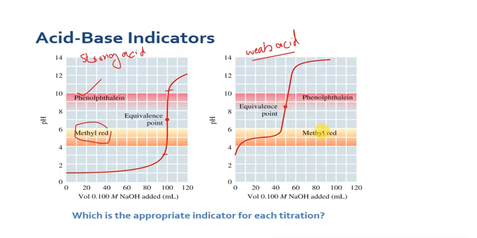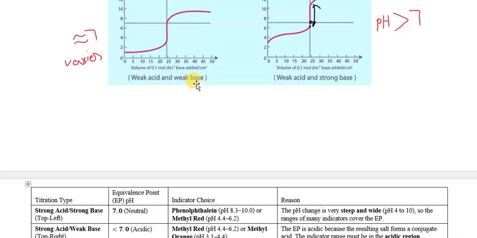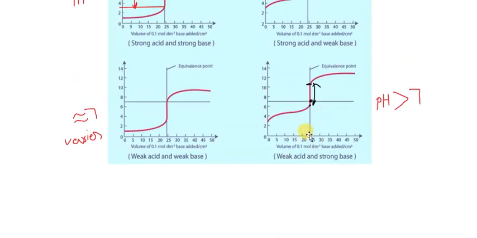So in this case methyl red selection is not suitable, and phenolphthalein selection is suitable. See that for strong base and weak acid, the pH range is greater than 7, so phenolphthalein is the most suitable indicator for this case.